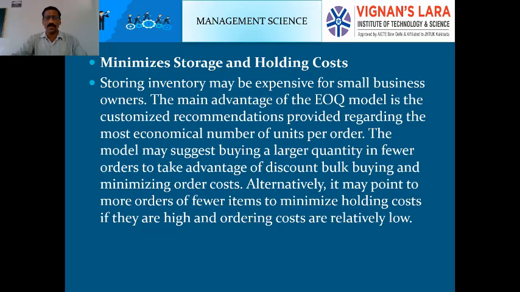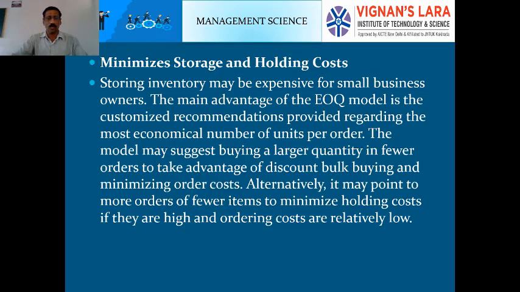The main advantage of the EOQ model is the customized recommendations provided regarding the most economical number of units per order. The model may suggest buying a large quantity in fewer orders to take advantage of discounts, bulk buying and minimizing order cost.